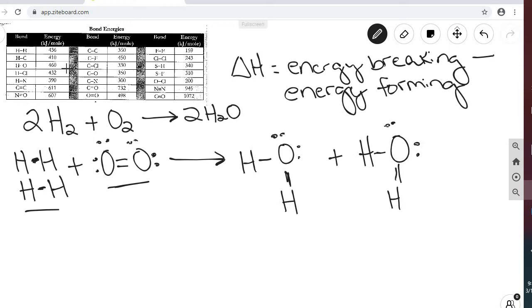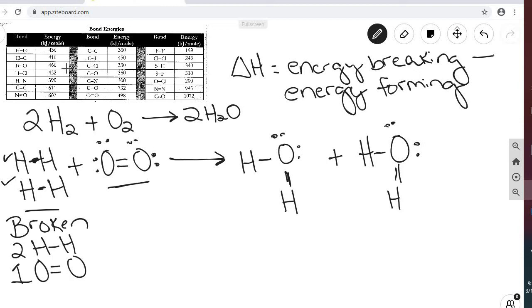Okay, so let's look at what has to be broken. What has to be broken in this chemical reaction is we have to break two of the HH bonds. There's one there and there's one there, and we have to break one oxygen double bond. And then what has to be formed? It's going to be the energy of broken minus the energy of formed.